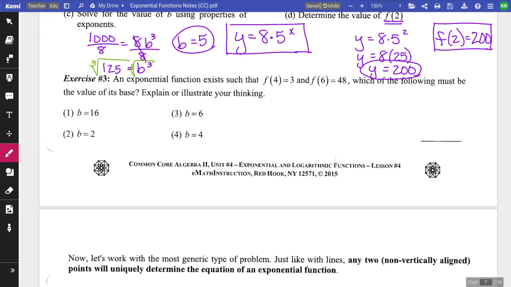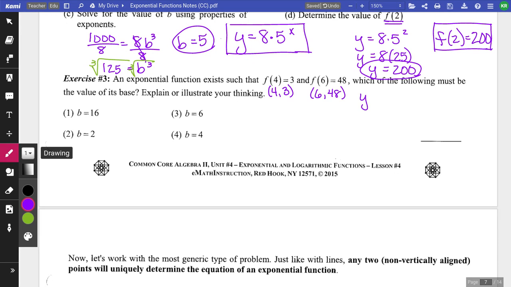All right, here again we are given two pieces of information. F of 4 is 3. So you can think of that as the ordered pair 4, 3, and then 6, 48. Which of the following must be true of its base? Okay, the base, we've been calling it the growth factor, which it is.